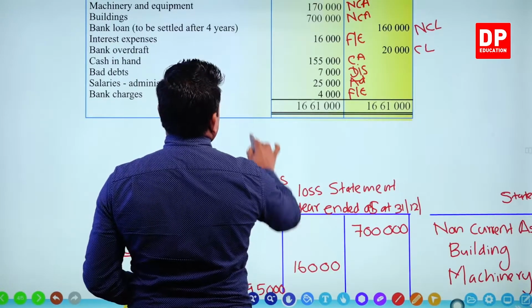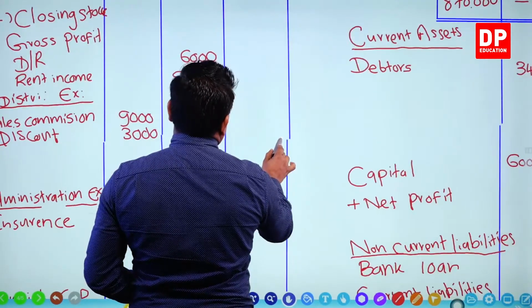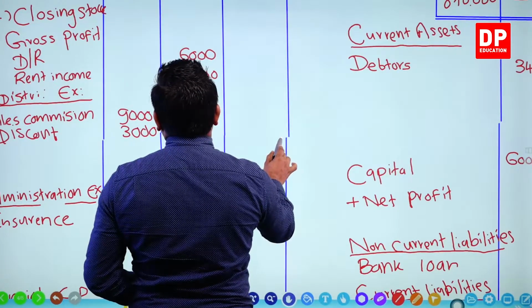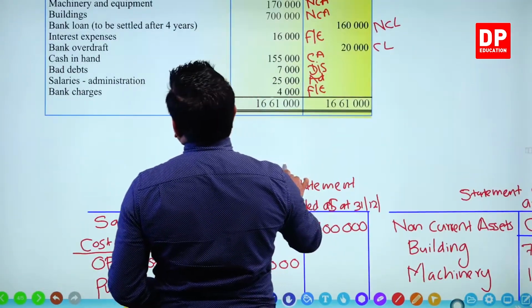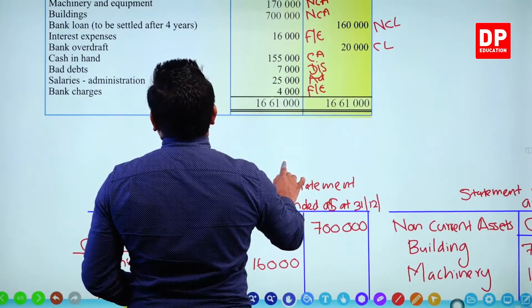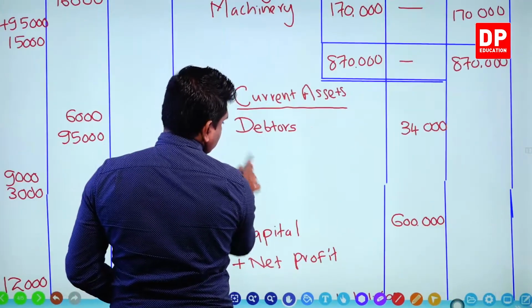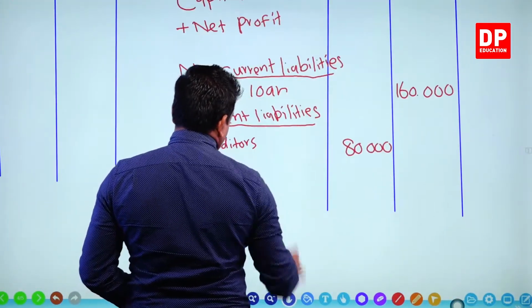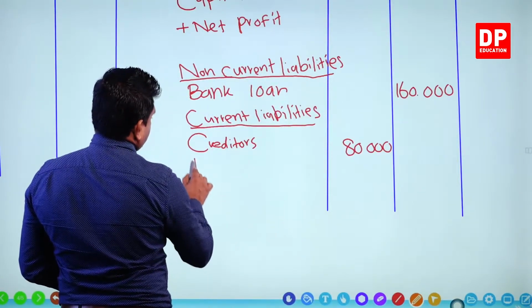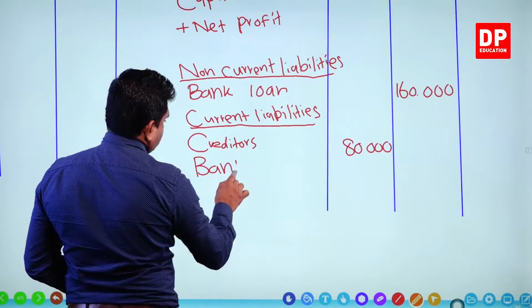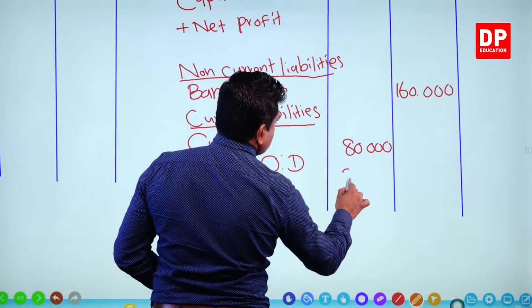Bank overdraft, how much is the bank overdraft? 20,000. Bank overdraft 20,000.